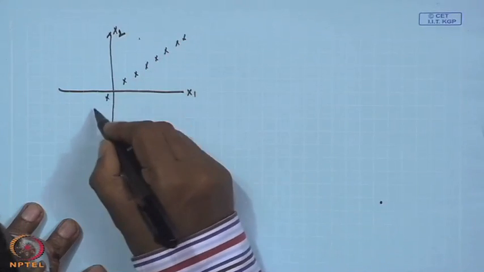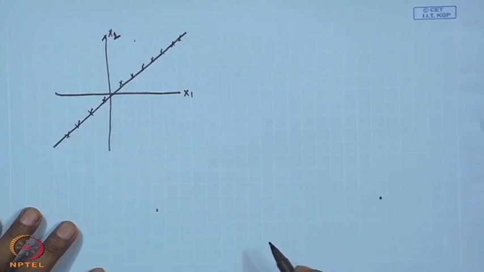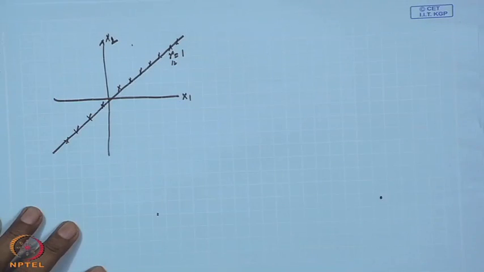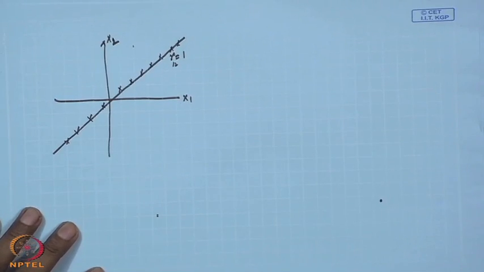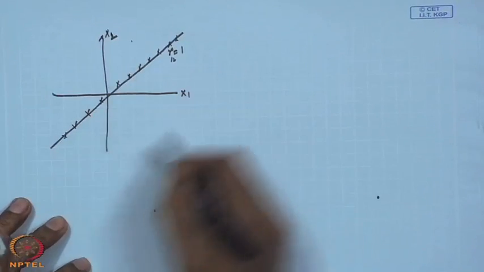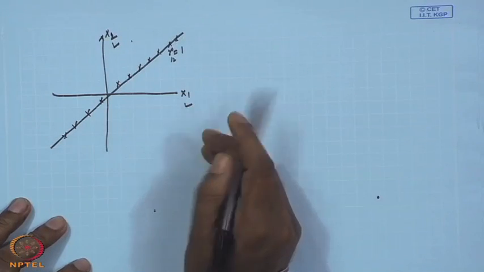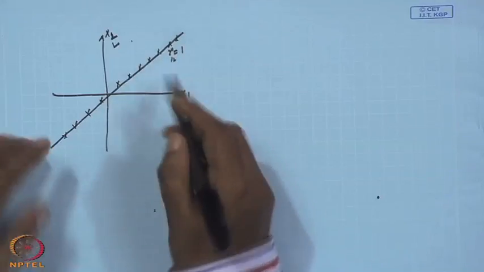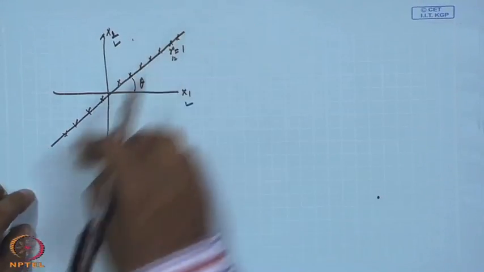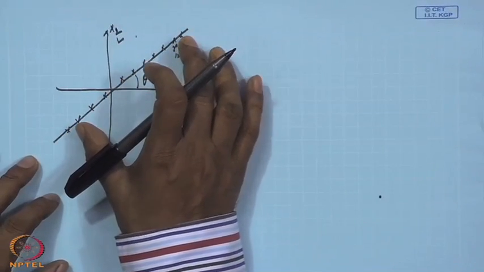For the perfectly dependent case, it will be like this, where R 1 2 equals 1. What we mean to say is that we do not require both x 1 and x 2 to measure. If we transform the axis by a certain angle theta, you will get another dimension which will capture the totality of the data given here.